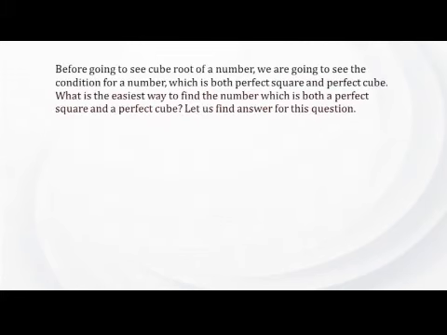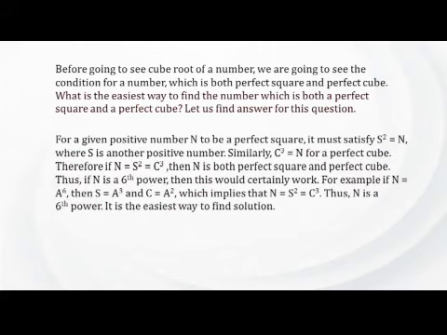Before going to see cube root of a number, we are going to see the condition for a number which is both perfect square and perfect cube. What is the easiest way to find the number which is both a perfect square and a perfect cube? Let us find the answer for this question. For a given positive number N to be a perfect square, it must satisfy s square is equivalent to N, where s is another positive number.